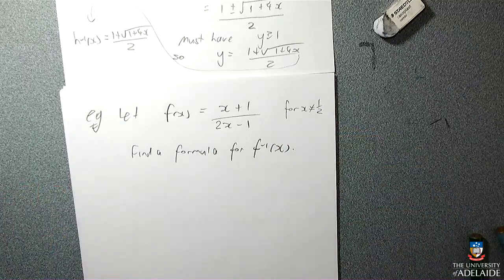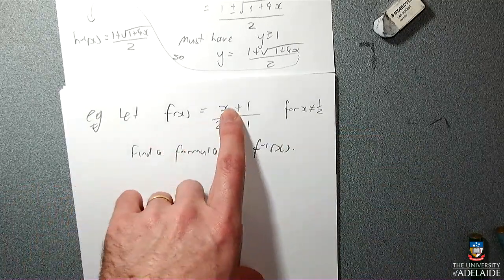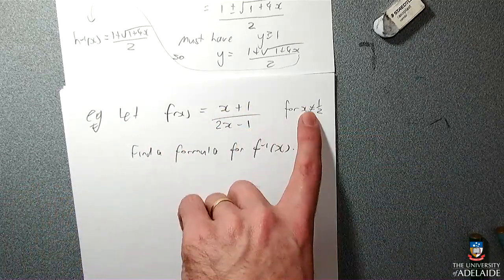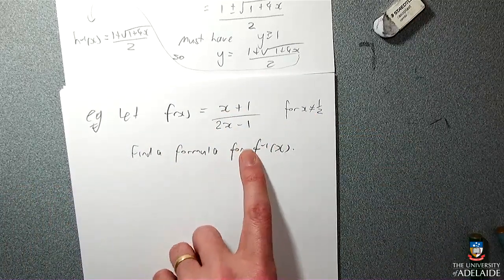Okay, so I have let f of x be x plus 1 all over 2x minus 1 for x not equal to a half. Find a formula for f inverse of x.